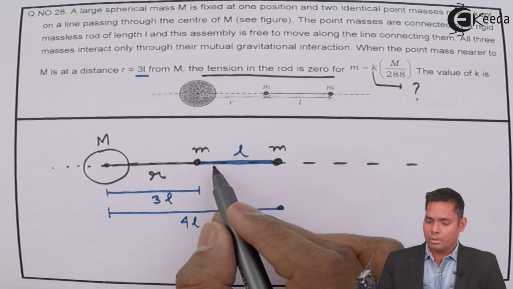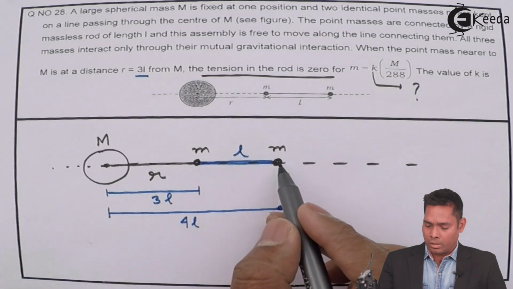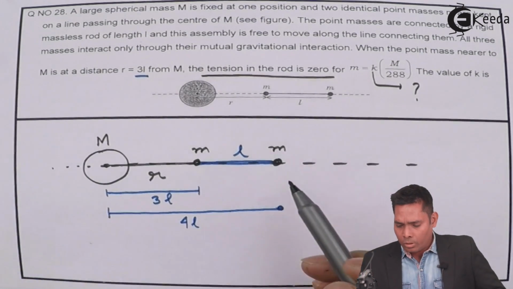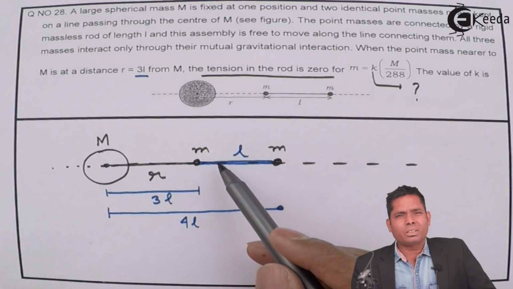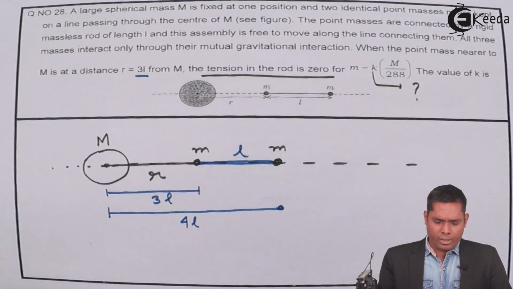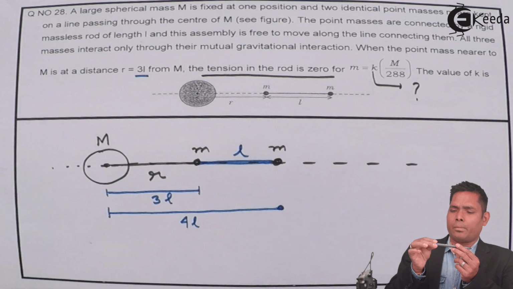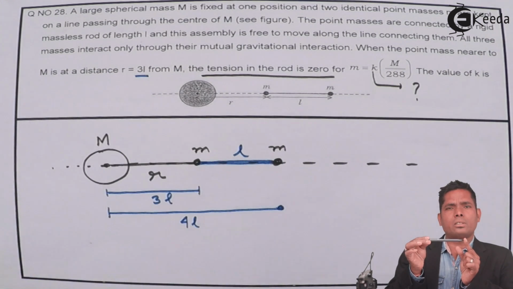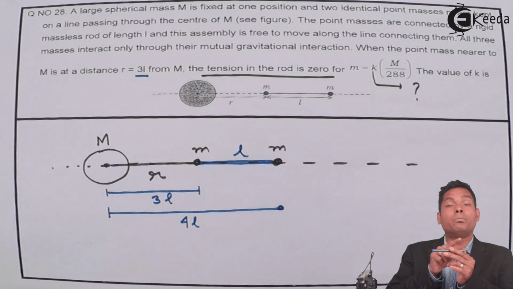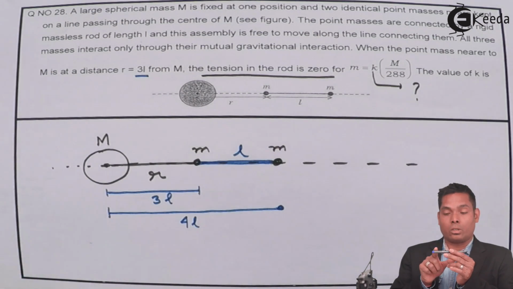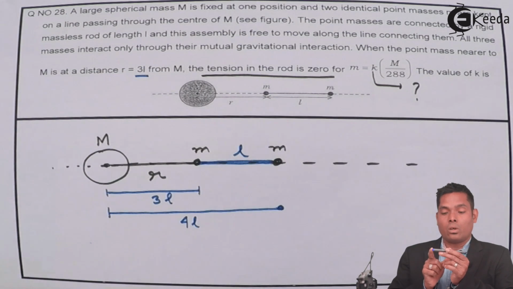will be developed only when one is moving relative to the other, so the tension has to be 0. We must understand that if a rod has two masses at its ends, then this rod will have tension if there are relative accelerations between these two masses.